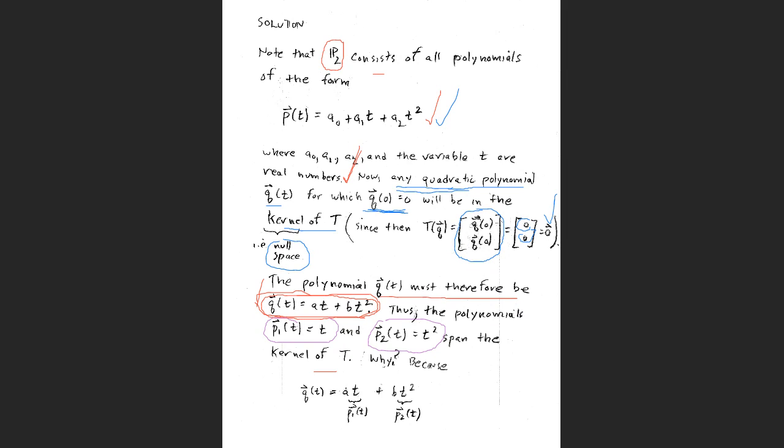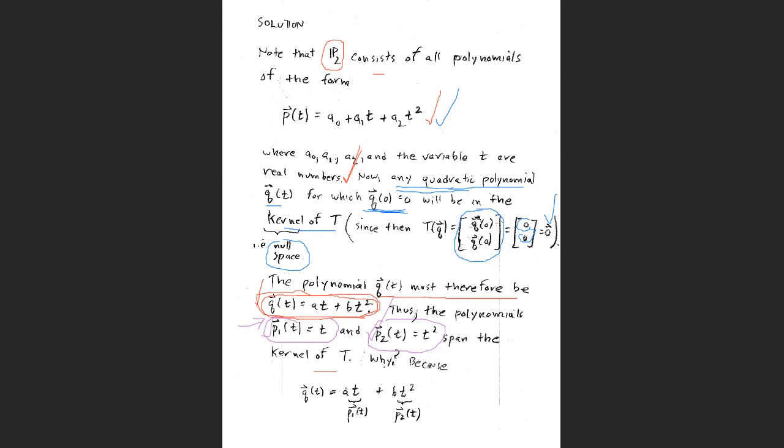So any linear combination of these second degree polynomials, p1 and p2, would give you a vector, that q of t, and those polynomials q of t comprise the kernel of the transformation.